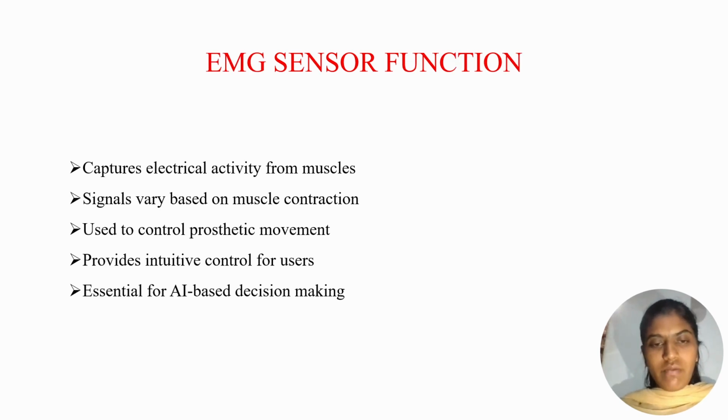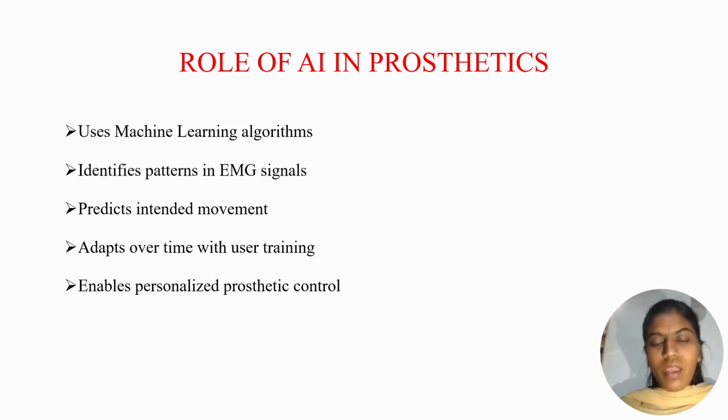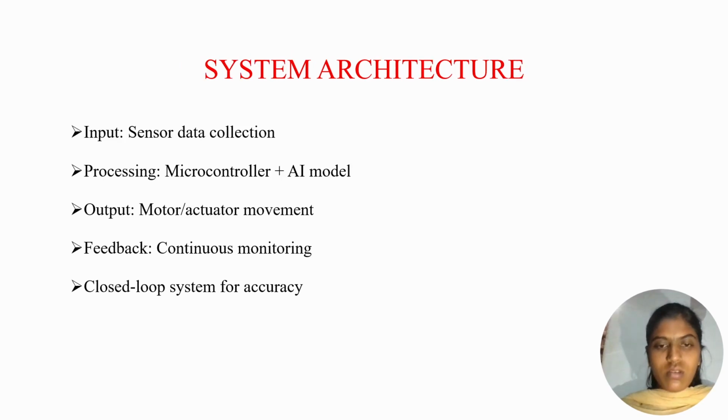The EMG sensor function is to capture electrical activity, used for comfortable prosthetic movement, and provides initiated control for the user, essential for AI-based decision making. The role of AI in prosthetics: use machine learning algorithms, identify patterns, predict the intended movement, adapt over time with user training, and enable personalized prosthetic control.